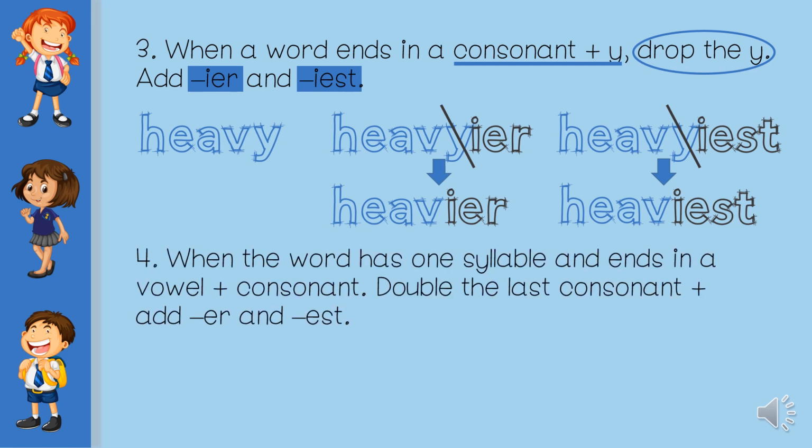Rule number 4. When the word has one syllable, een lettergreep, and ends in a vowel and a consonant, klinker en 'n medeklinker, we double the last consonant and add ER and EST.